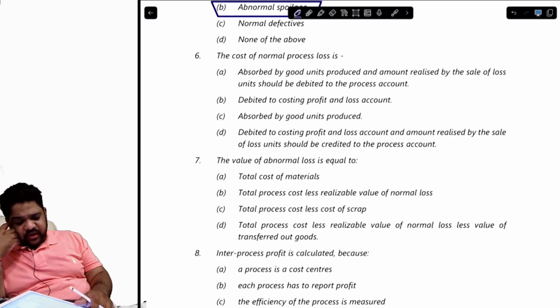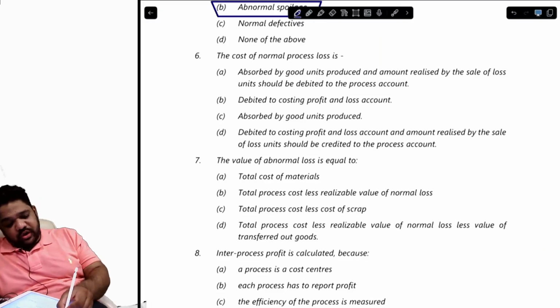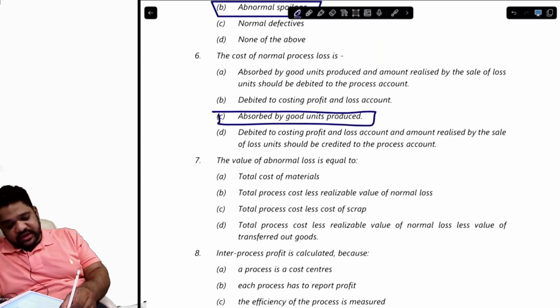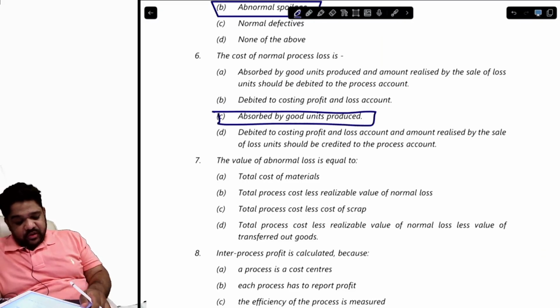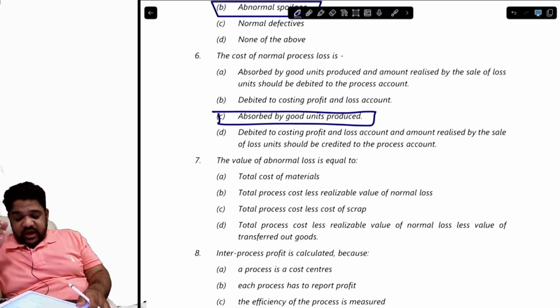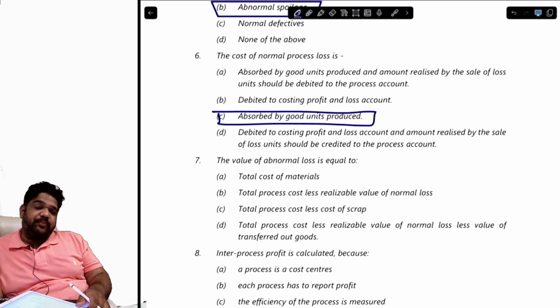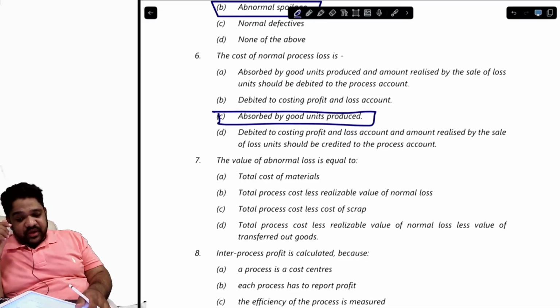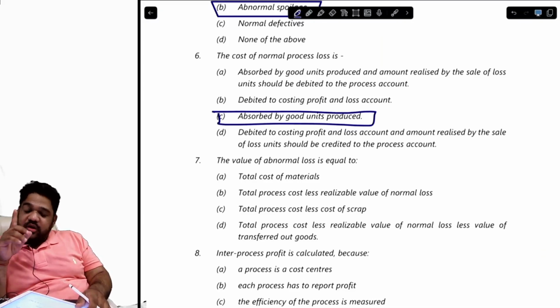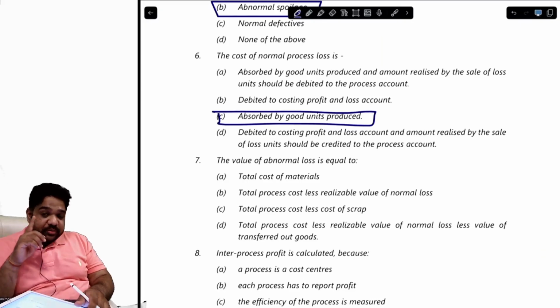Debit to costing P&L, no. Cost of normal loss absorbed by the good units, this is right. Let's read the fourth one also. Debited to costing P&L account, and amount realized by the sale of loss unit should be credited to the process account. So part of it is right. The normal loss is credited to the process account, but is it debited to costing P&L? No, the normal loss is not. The abnormal loss is. So be a little careful there.